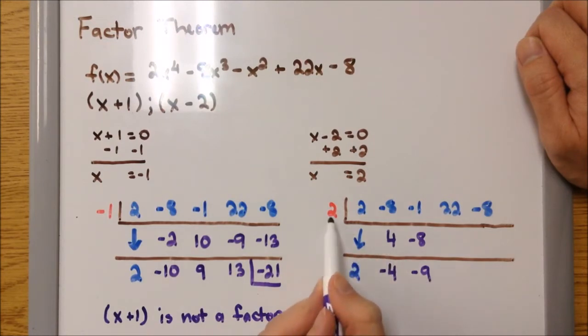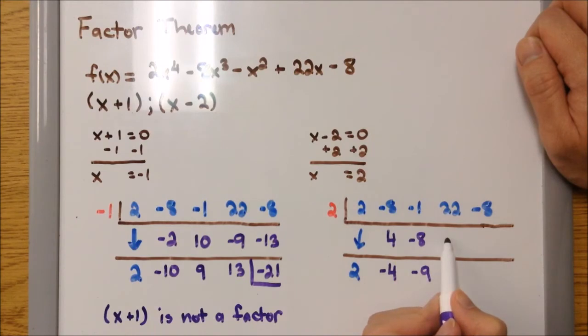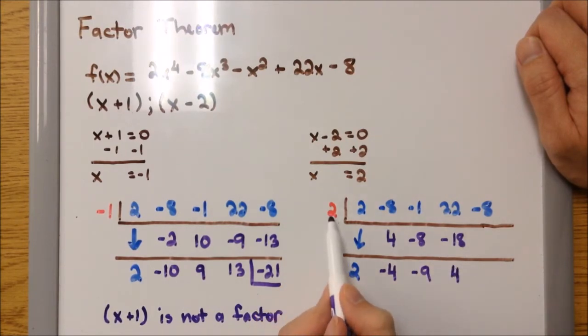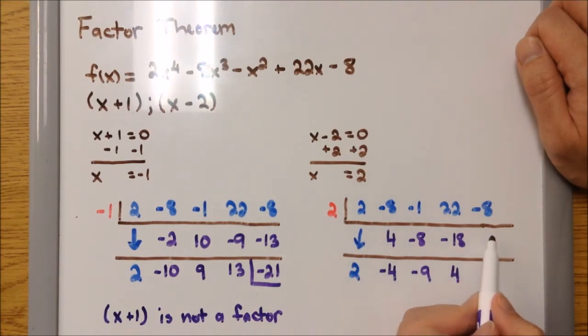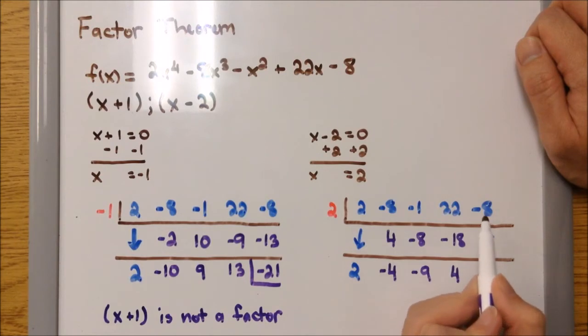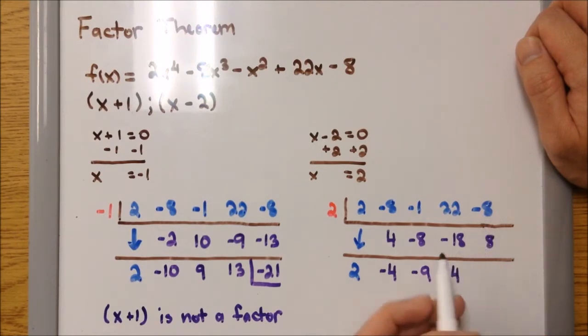And then I'm doing 2 times -9, that will become -18. So 22 minus 18 will be simply 4. And then 2 times 4, that's going to be a positive 8. So -8 plus 8, that's a 0. So this is our last number, our remainder.